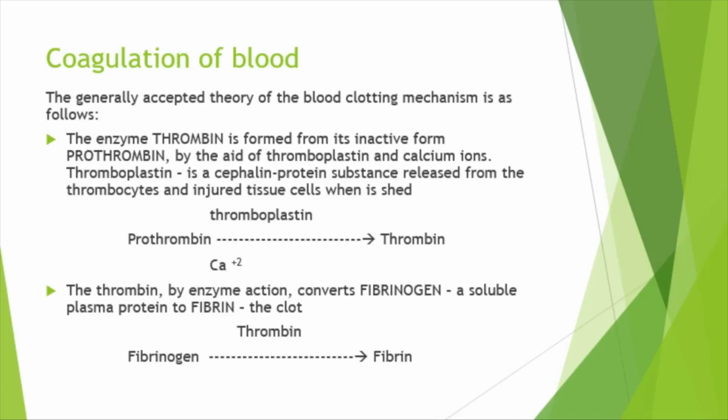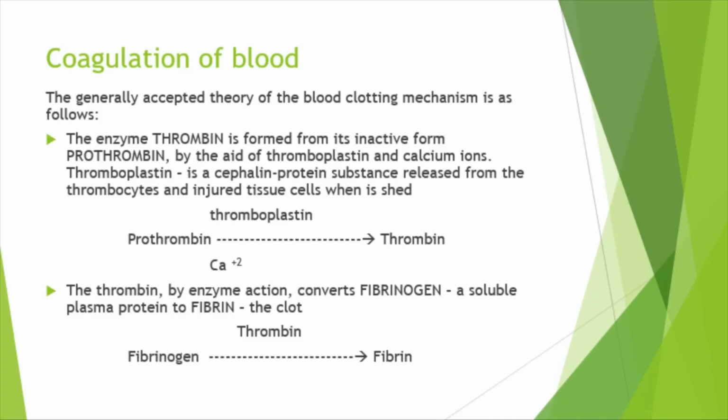Okay, so once your prothrombin, with the aid of your thromboplastin and calcium, forms its active form, thrombin, this thrombin will react to your fibrinogen. Your fibrinogen will be converted to fibrin with the help of your thrombin. Your fibrin is the thread-like structure that forms the clot during clotting of your wounds.